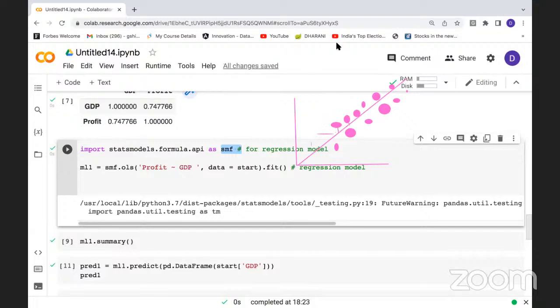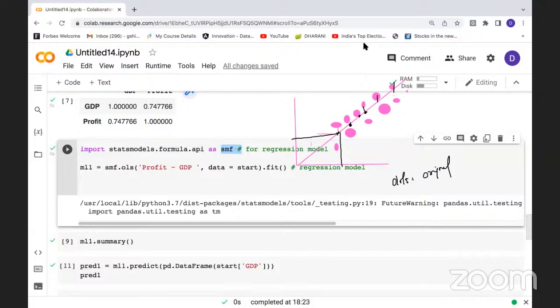They got deviated here from the line. Dots are my original value. But if they are touching this line, this is my predicted value.